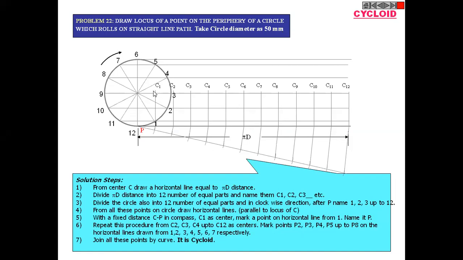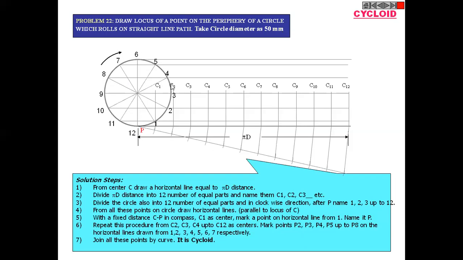The intersection of the horizontal central line and the vertical line from each division indicates the different center positions of this rolling circle. This original position is C0, and the circle will be divided into 12 parts.